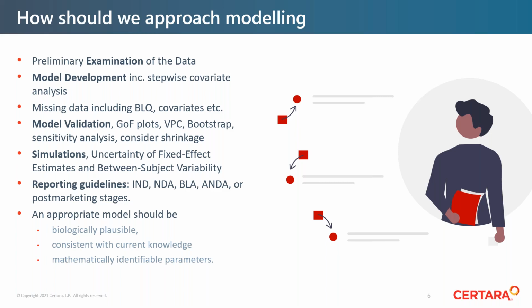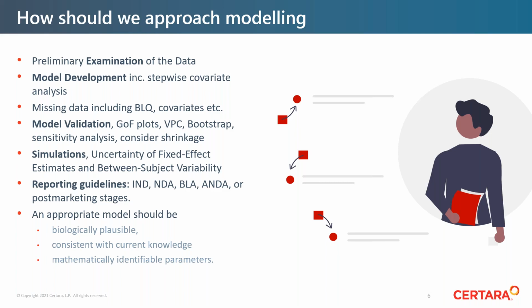Going on, turning a fitted model into a simulation is very simple, and you can build up different sorts of simulation based on the uncertainty of those fixed effects estimates and that between subject variability, potentially in new populations as well. And the guidance goes on to talk about how population modeling is suitable for all stages of development, whether that's your new drug applications all the way through to post-marketing, label development, new populations, new uses.